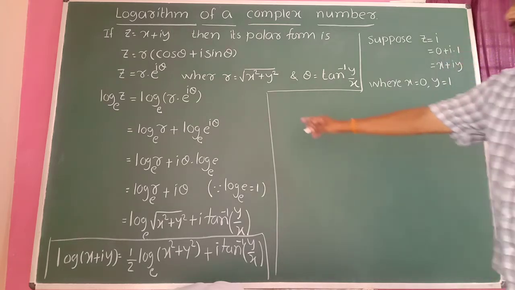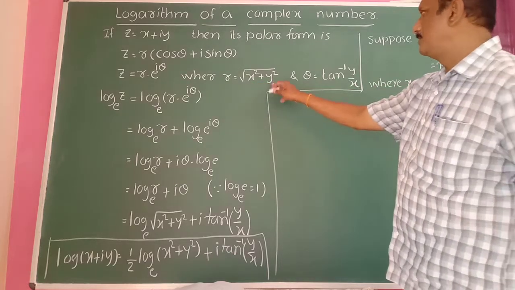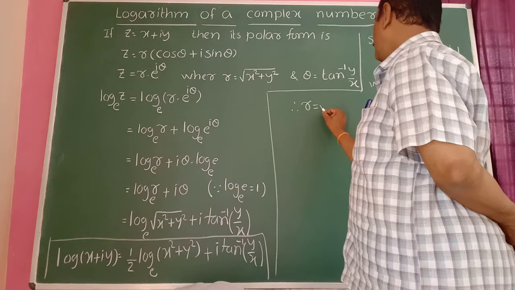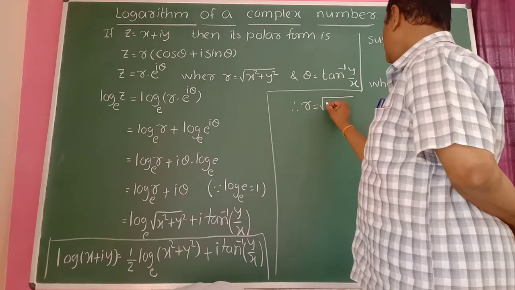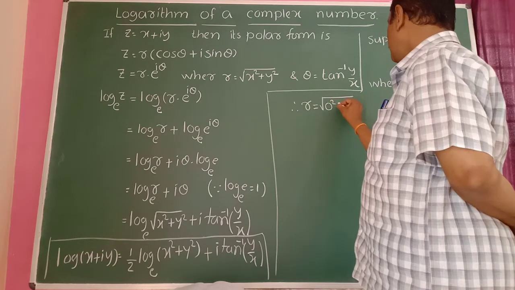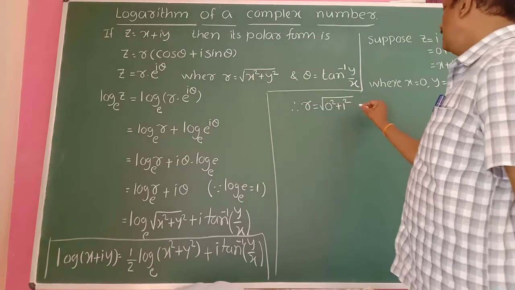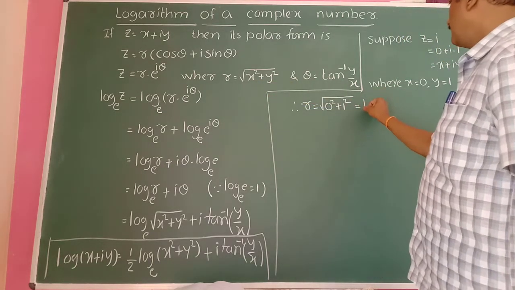Then obviously r is the root of x square plus y square. Therefore r is equal to root of 0 square plus 1 square. Put x value 0 and y value 1 here, then it becomes 1.